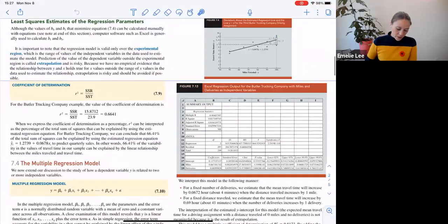Okay. Usually if you're comparing models, the main way that we do that is using R squared values.